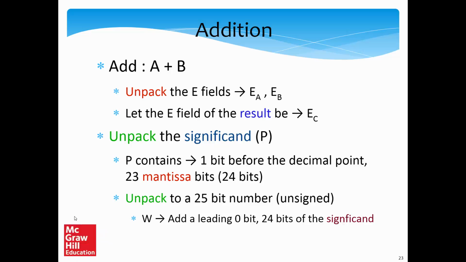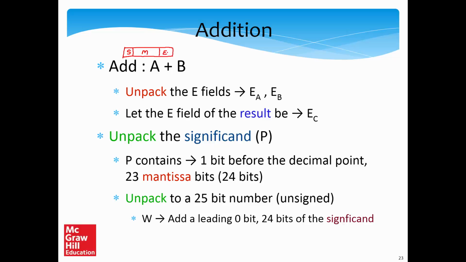Let us now take a look at floating point addition. So let's first consider the inputs. We are given two 32-bit inputs. The format of the input is as follows: we have a 1-bit sign bit, we have a 23-bit mantissa, and we have an 8-bit exponent field, where the exponent is stored in the bias notation.